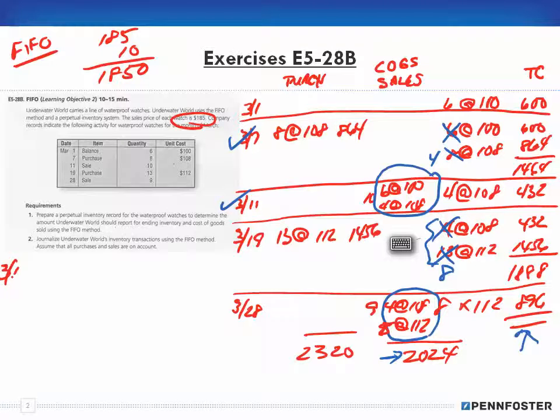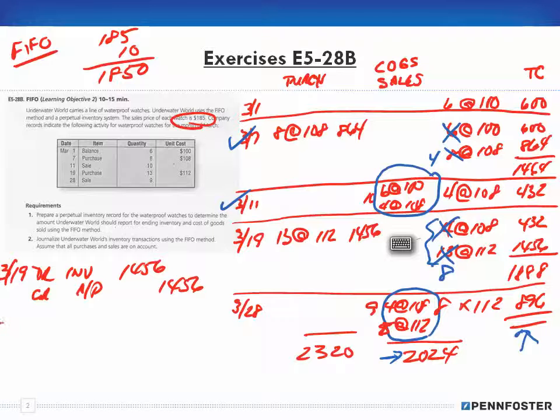So on 3/19, we're buying $1,456 worth of inventory. So I debit inventory for the $1,456, and I'm going to credit accounts payable for the $1,456.